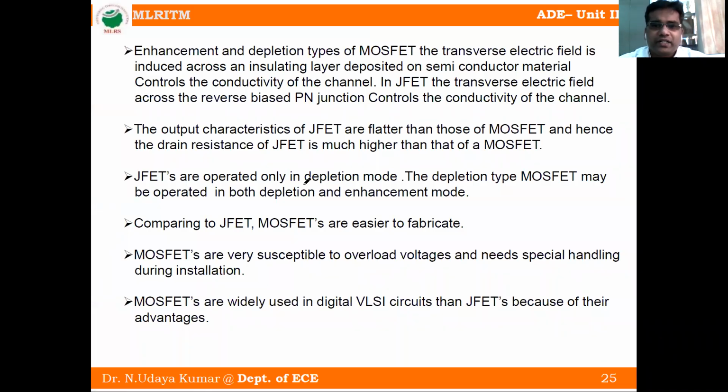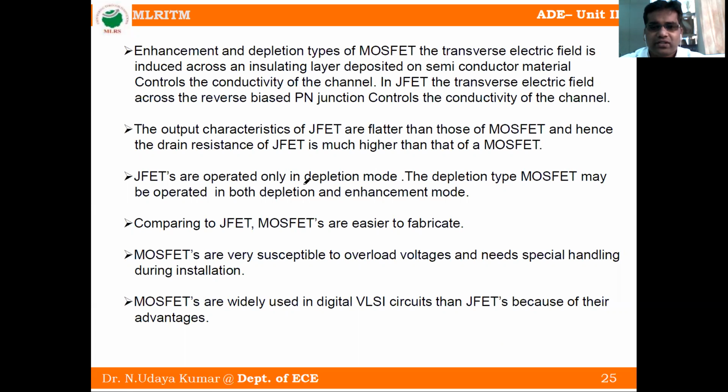In enhancement and depletion types of MOSFETs, the transverse electric field induced across an insulating layer deposited on a semiconductor material controls the conductivity of the channel. That is called MOSFET.